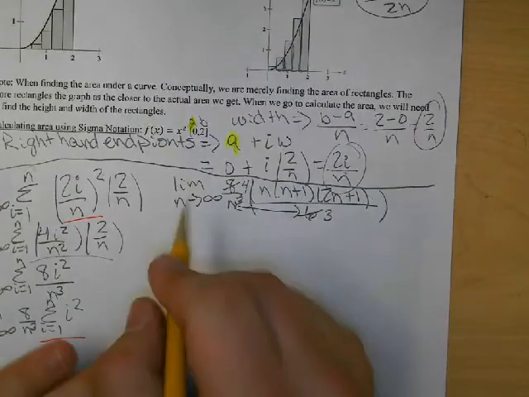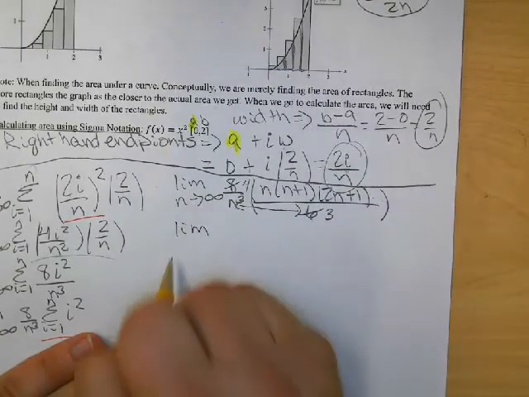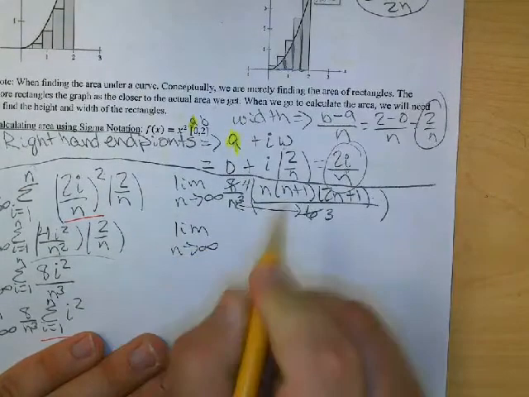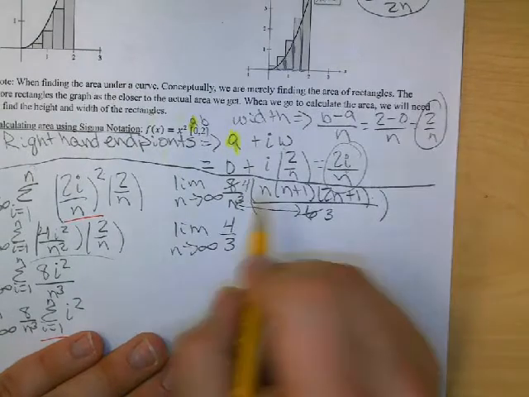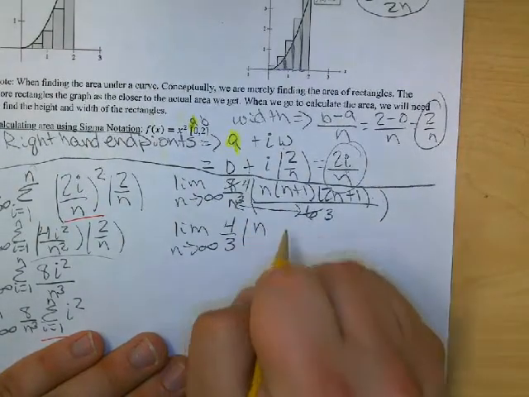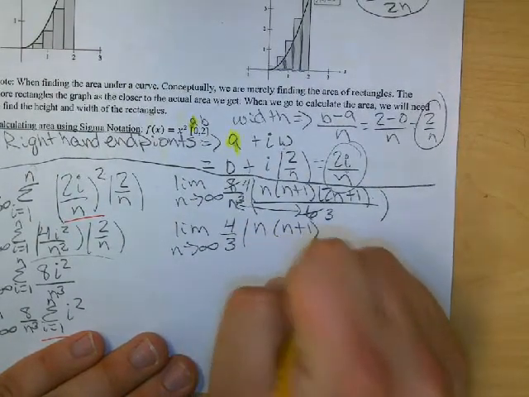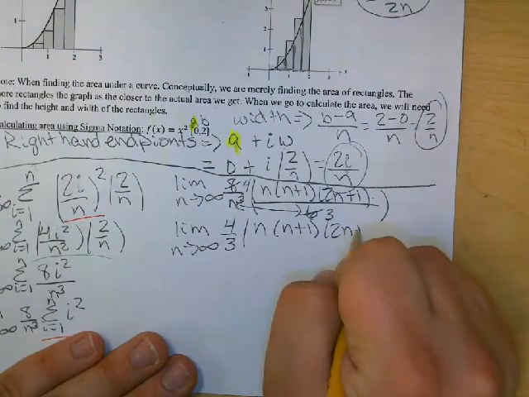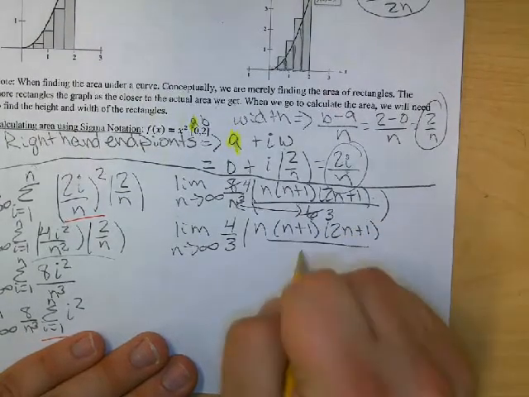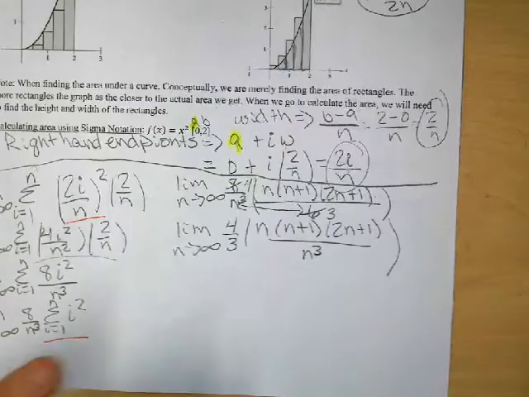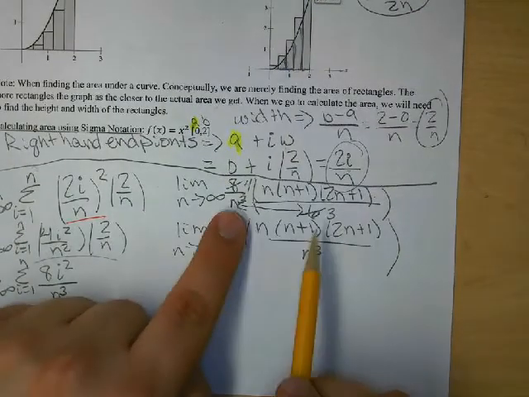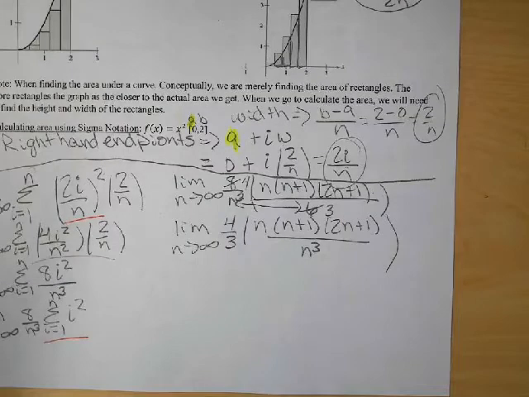That's the limit as n approaches infinity of 4 over 3 times n plus 1 times 2n plus 1, all over n cubed. I just switched the n cubed and the 3. Totally legal, totally fine.